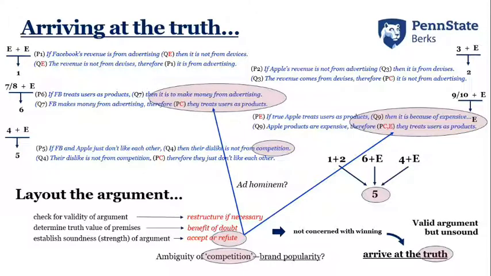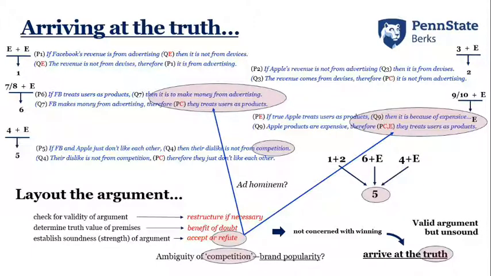But that's an ambiguous use of the term, because the reality is competition can be between people who aren't after the same users. Maybe what they're really after is brand popularity, and one has more than the other, and that's their competition. So I'm going to say that that's what I really think the issue is. So I do agree with their conclusion that Apple and Facebook don't like each other. I don't agree with the reason they got there. So I'm going to say this is a valid argument, but I'm also going to say it's unsound.